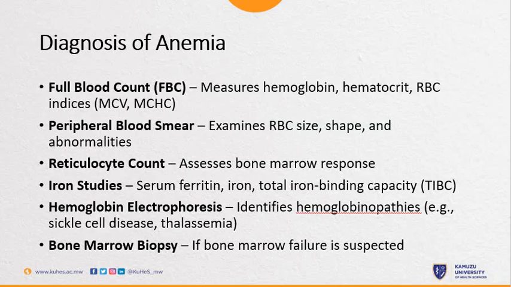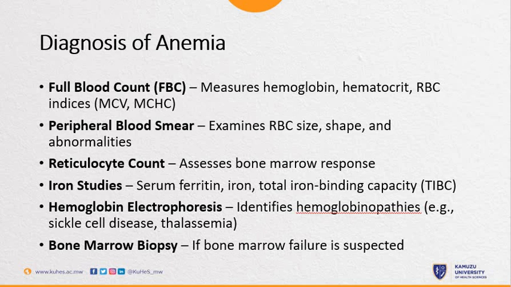You can also perform iron studies, including serum ferritin, iron, total iron binding capacity, just to assess if the patient has microcytic anemia and you want to rule out iron deficiency anemia.